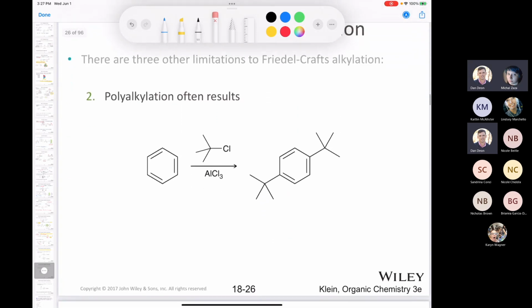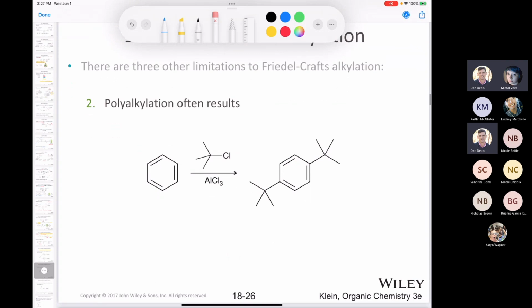The second limitation is that if you try to do an alkylation, here they're adding a tert-butyl group, so they're using tert-butyl chloride and aluminum chloride. Looks good to me. But what happens is you would first get monoalkylation, okay? You'd add your first alkyl group and end up with tert-butyl benzene, and then it's going to react again.